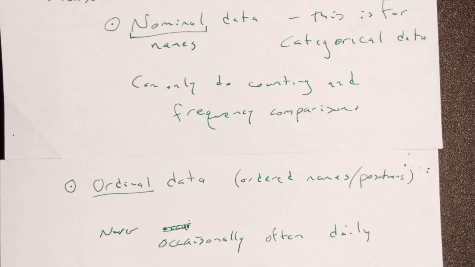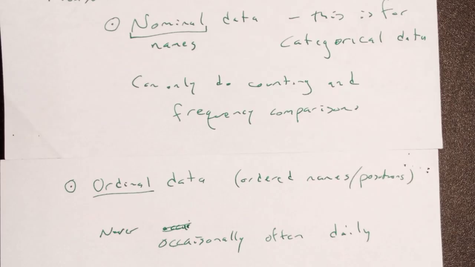Somebody tell me, what's the difference between occasionally and often? Is there a number that crosses the line there somewhere? There's no real clear division between these categories, is there? Except for this one, right? And that one. But the stuff in the middle, very squishy.